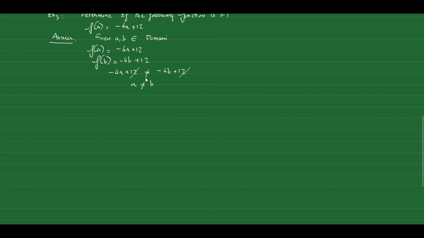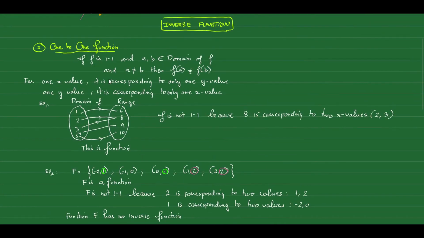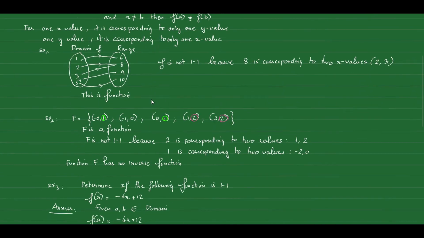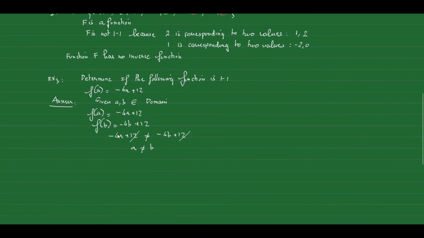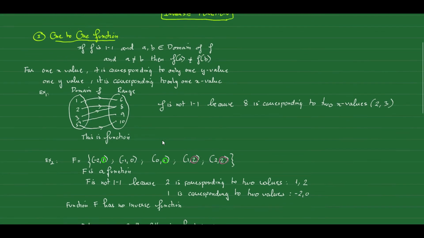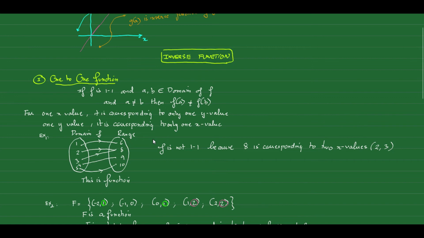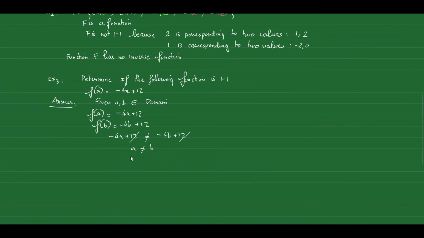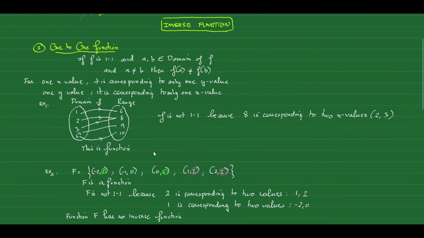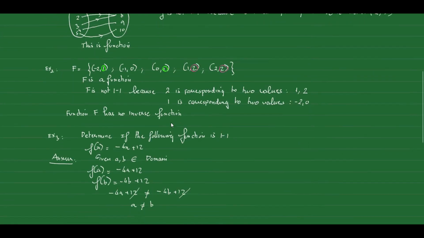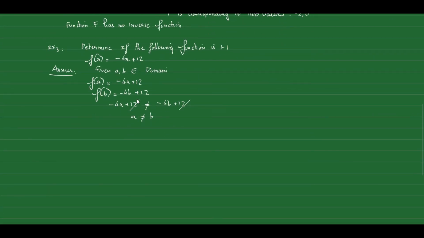I think with this symbol it's much better, because we try to follow the definition strictly. So you see that if fa is different from fb, then a is different from b, and that means this statement and this statement go both directions. If a is different from b, then fa is different from fb.